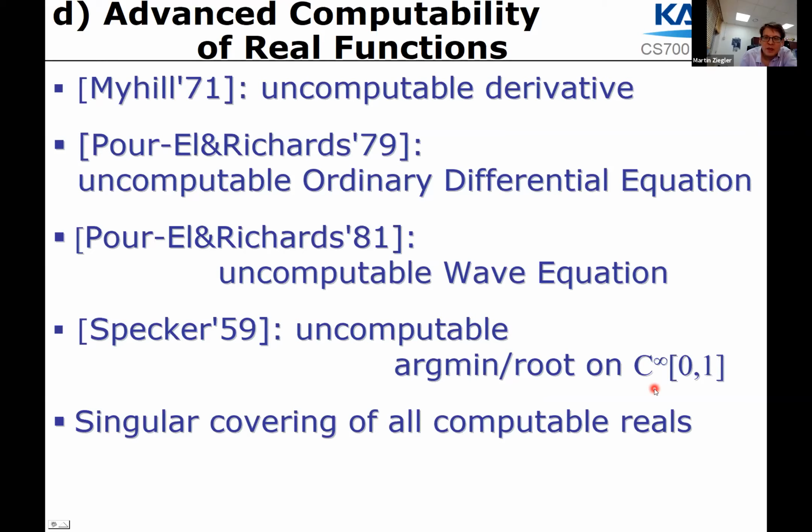And finally, this construction will be based on so-called singular coverings, that is covering all computable real numbers by small open sets. Recall that there can be only countably many computable real numbers.